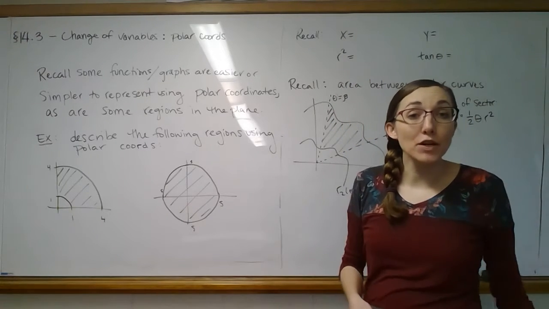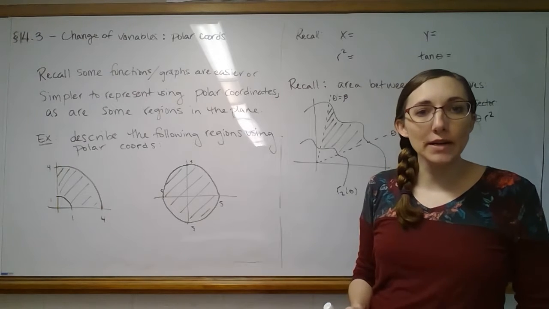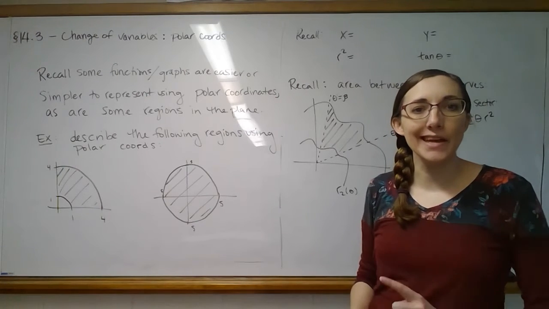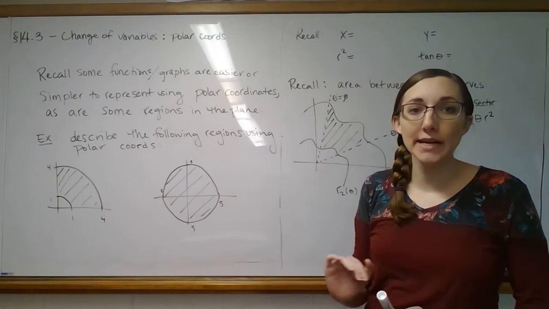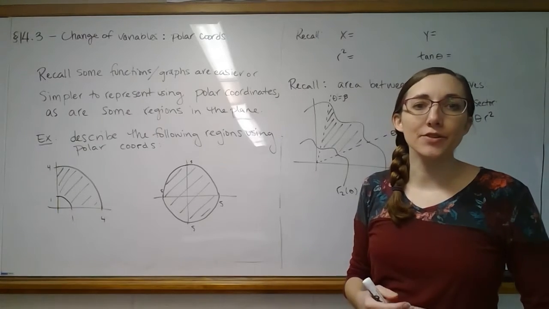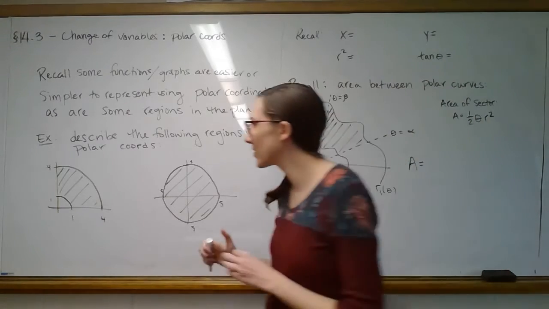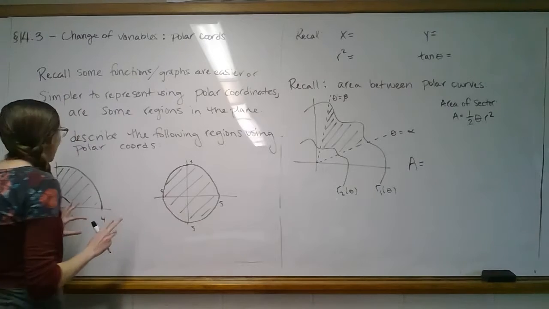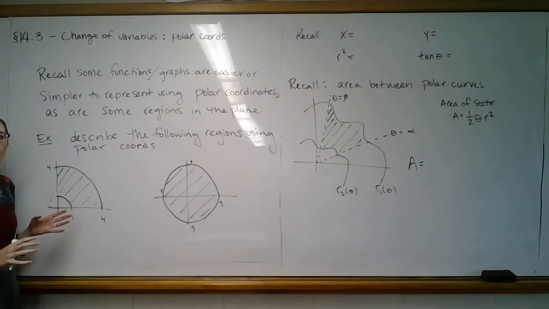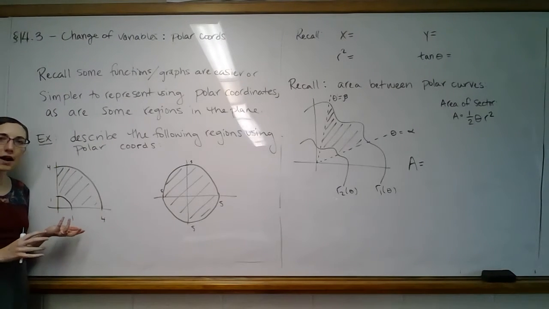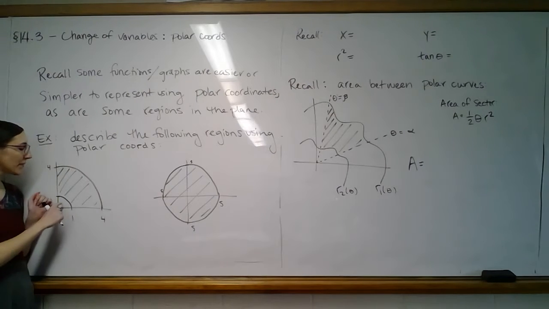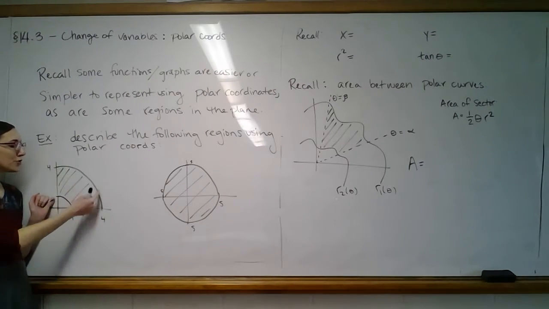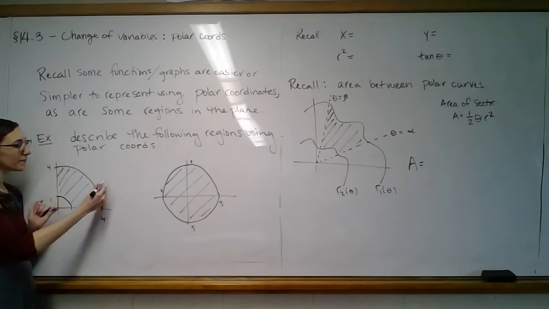When we're looking at the first one, remember polar coordinates are r's and thetas. So r is your radius and theta is your angle. So if we think about first thinking about the radii that I would go between, well, I'm going to go from a radius of 1 out to a radius of 4.